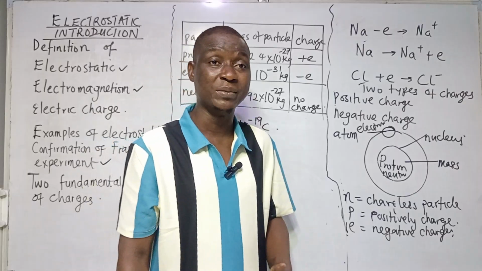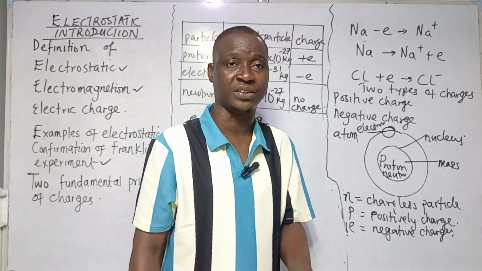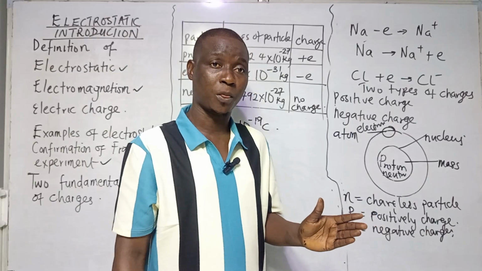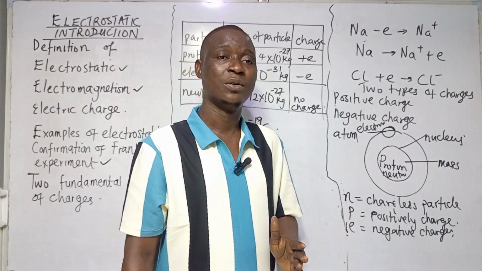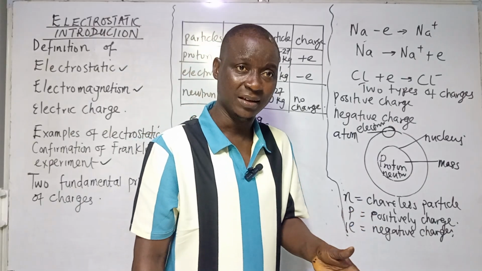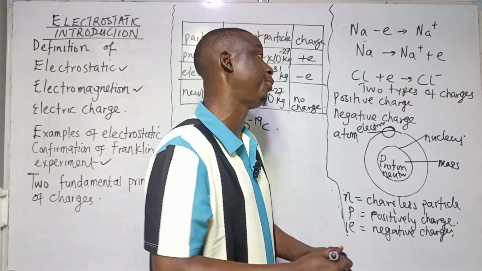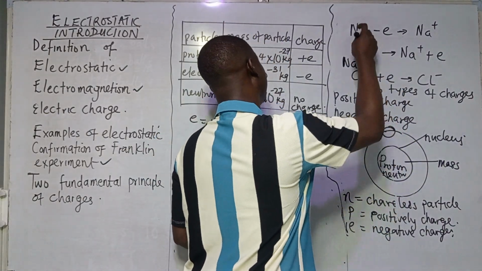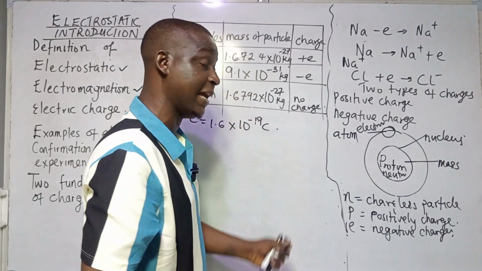Such an atom is in a neutral state. Meaning that in that case, it's non-reactive. Because when sodium becomes positive, the sodium ion is more reactive than the neutral atom. We are not going there.